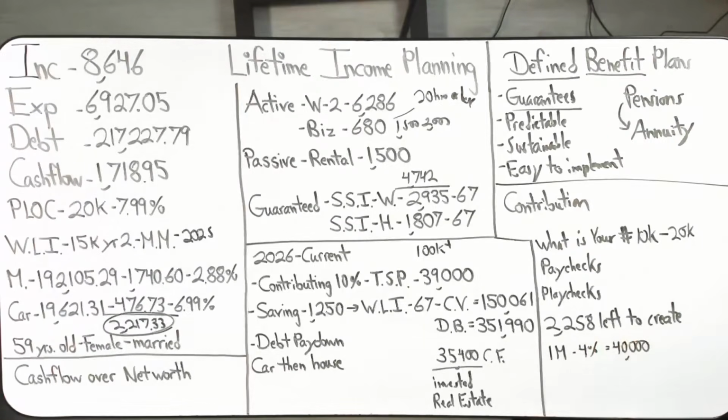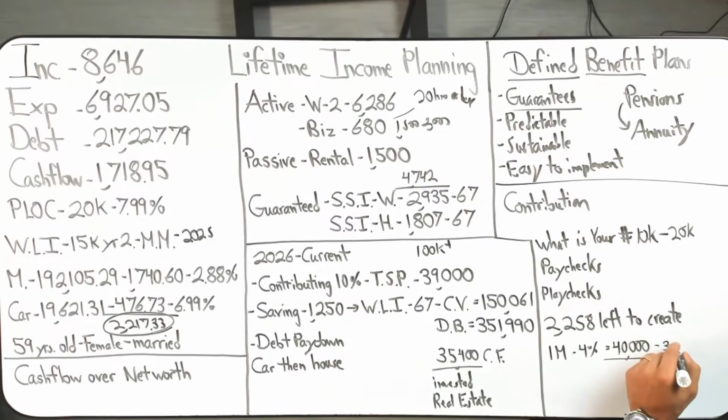That's it. Taking out 4% of $1 million is only going to give you $40,000 a year. Mind you, that 40K is taxable, right?